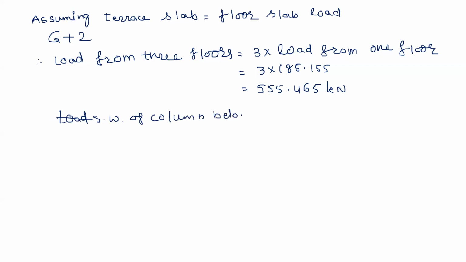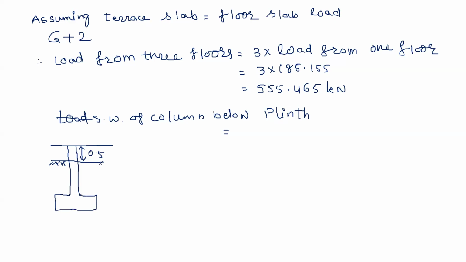below plinth. Now try to understand this. We have plinth, ground level over here. We have above this plinth level, which is of 0.5, below which we have footing. Column we have actually, if I draw it, this will be column, and then below that is footing. And this distance is given 1.25.